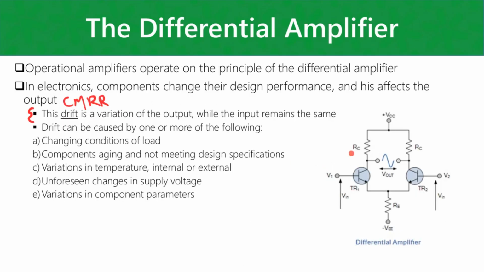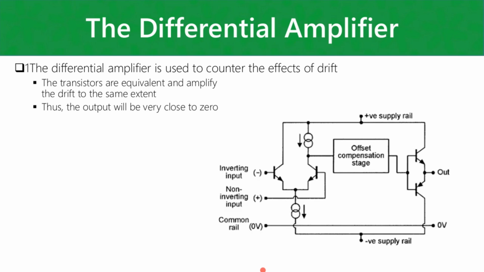Within an op amp, you basically have two common emitter transistor amplifiers. If you have an error or some signal shift between the two transistors, between your two inputs, that signal drift is getting amplified equally on both sides. Because we're taking the difference in voltage in our output, that pretty much gets cancelled out. So that's what your common mode rejection ratio is: how well your op amp rejects noise and drift.